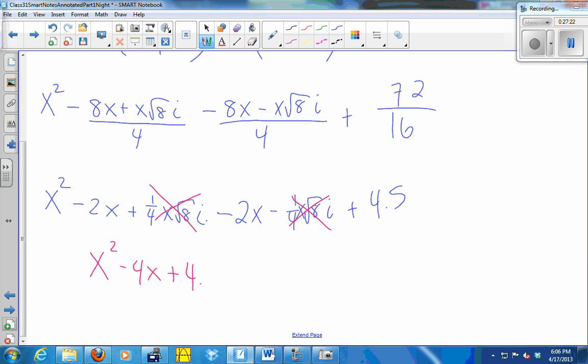Okay. There we go. So this is not the original polynomial, right? But it is only off by a factor of 2. If I throw a 2 in front of this thing, I would get 2x squared minus 8x plus 9, which is the original. So all I have to do is throw a 2 in front of my two linear factors, and I got it.